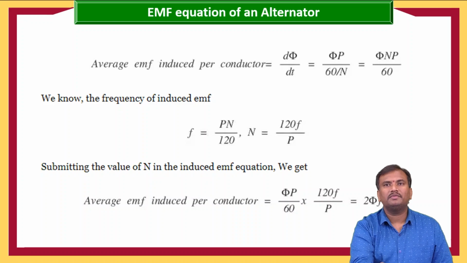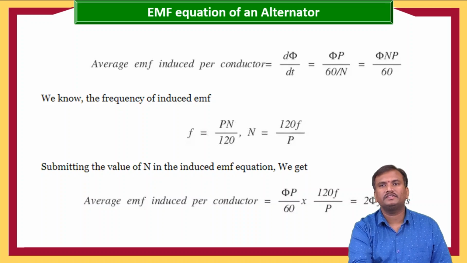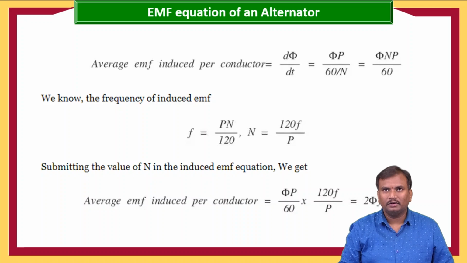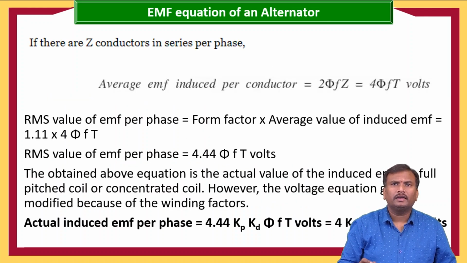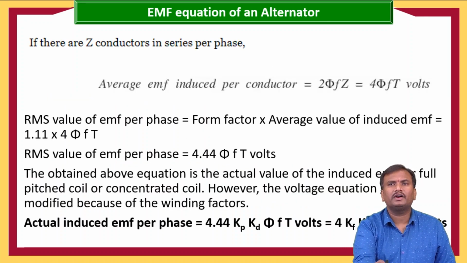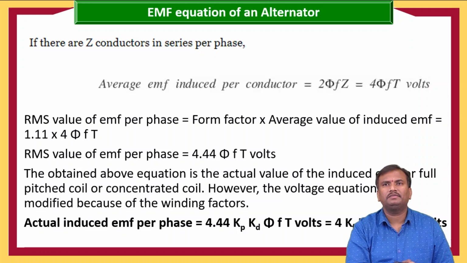And we know the frequency of induced EMF F is equals to PN by 120, where N is equals to 120 F by P. So here in place of N, if we substitute 120 F by P, that will give us average induced EMF per conductor is equals to 2 phi F. Here Z are the number of conductors in series per phase.